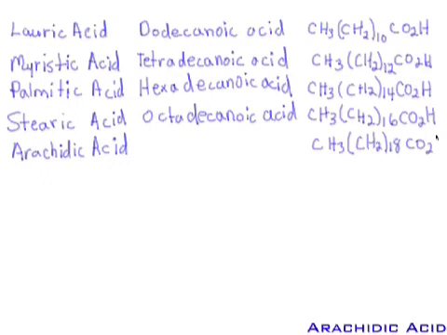What do you think the IUPAC name is for a 20 carbon chain? In fact, a 20 carbon chain is referred to as eicosane, and so this becomes eicosanoic acid. And these are the fatty acids that are saturated, that is, possess no double bonds in them. These are all the saturated fatty acids, common names and IUPAC names, that you need to know.